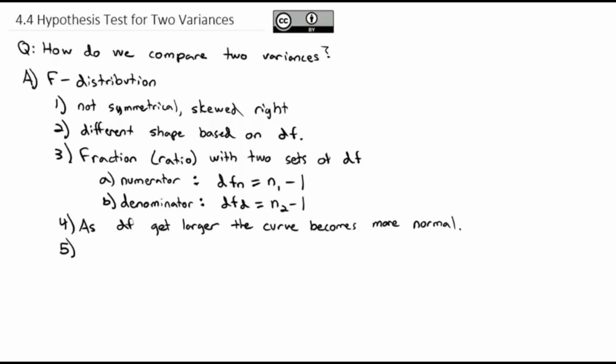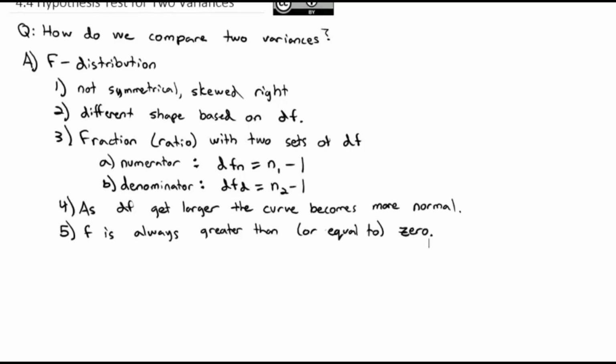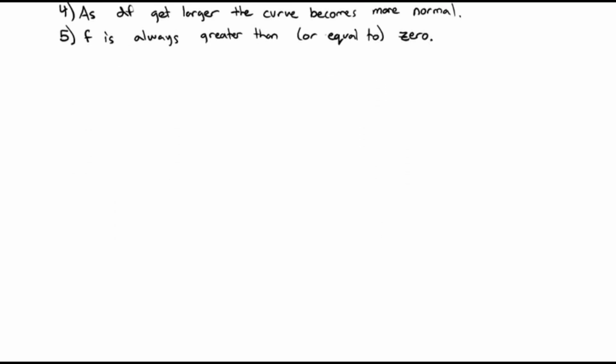One last thing about the F distribution, similar to the chi-squared: the F is always positive, or always greater than, I guess it could be equal to, 0. So that's kind of a brief introduction of the F distribution. We're going to use our calculator to do most of the calculations with the F distribution. What we're interested in is, can we set up and carry out a hypothesis test on 2 variances?